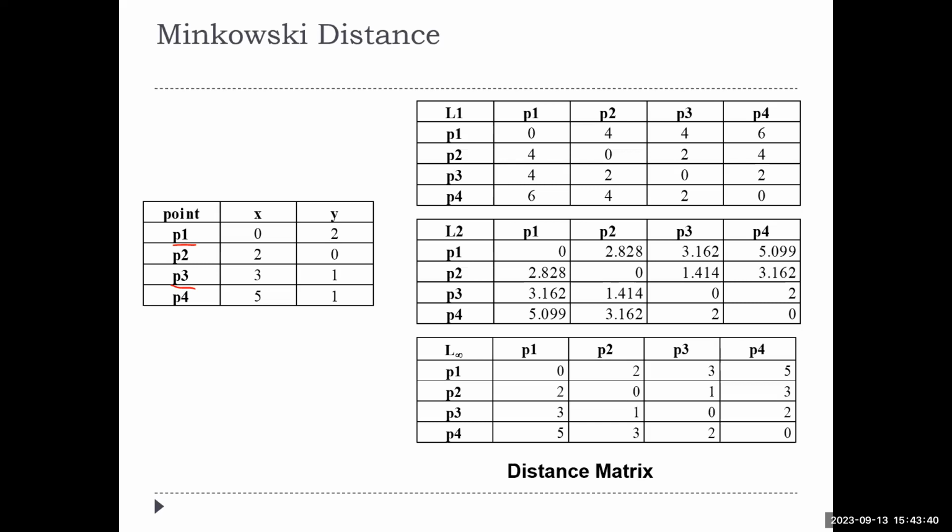Yeah, but I said to find the distance between P1 and P3. So when I say P1 and P3, you need to find it here, here, and here. That's what you are finding in the table. So that's exactly one value.